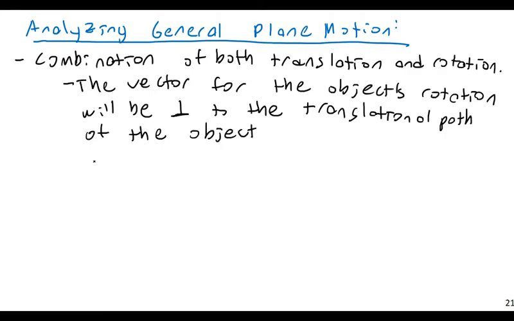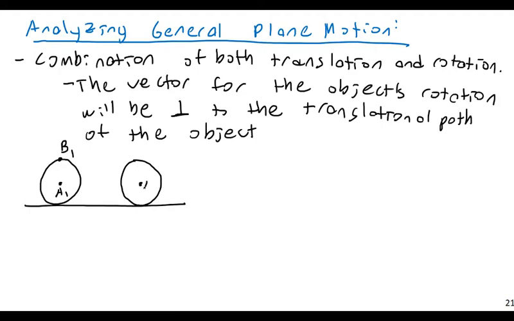So, if I draw this out, say you have an object that initially is here, and let's say we have the center initially at A1, and then B1 up here. This would be for a wheel or something like that.